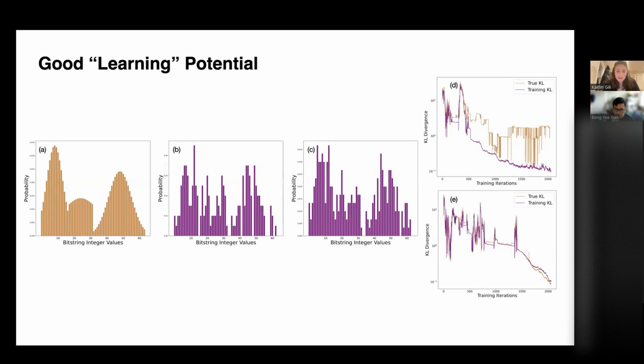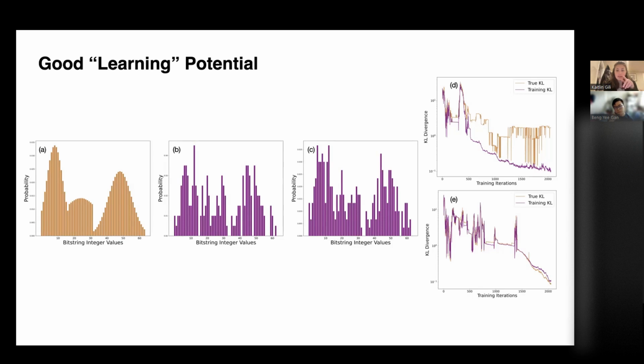But here, I want to introduce the idea that our QNBM is able to get closer to that ground truth I was talking about at the beginning of the presentation than the distribution of the training data. The way we show this is, in orange, we have a multi-mode discrete Gaussian probability distribution. We sample from this probability distribution. So in B, we take 200 samples.